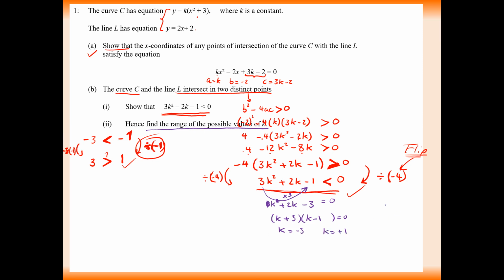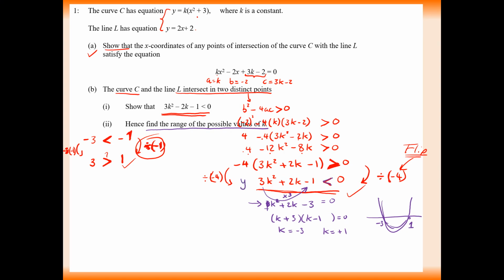So when I plot this inequality, the expression here has a plus sign in front of it. It did have a minus sign, but we removed it. So negative 3 is on the left, 1 is on the right, and we're looking for y values below 0, this is the definition for y.